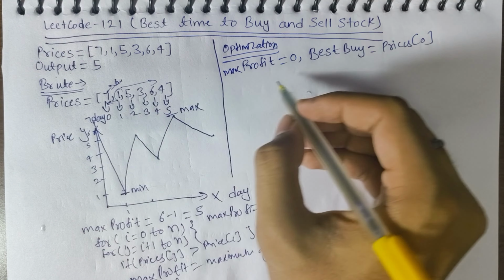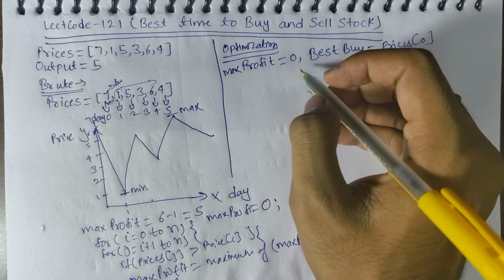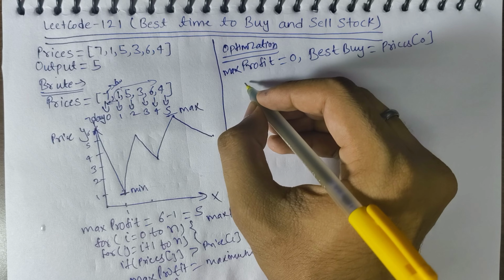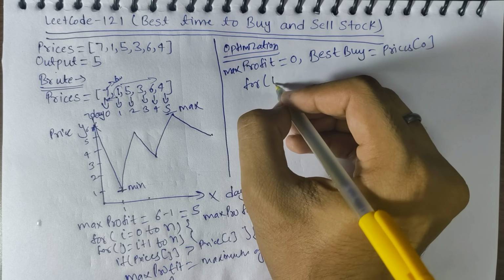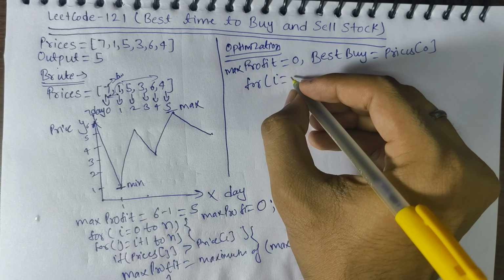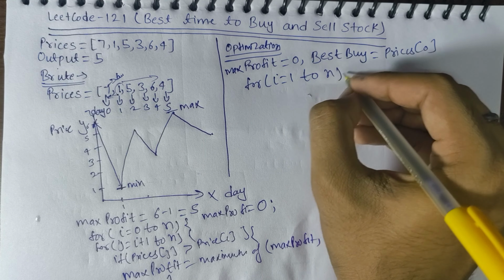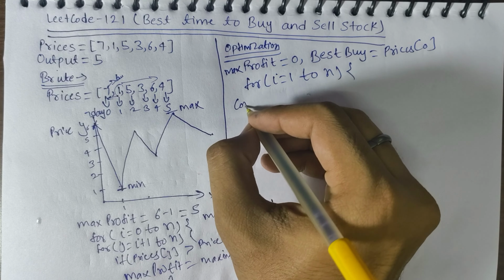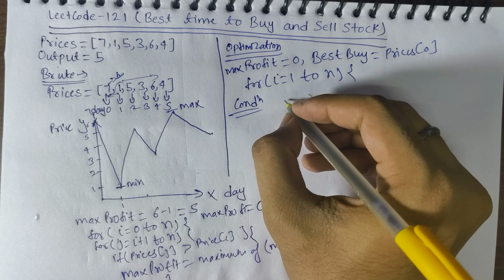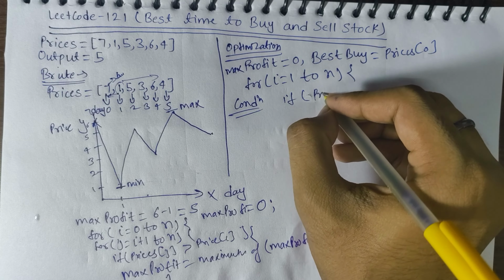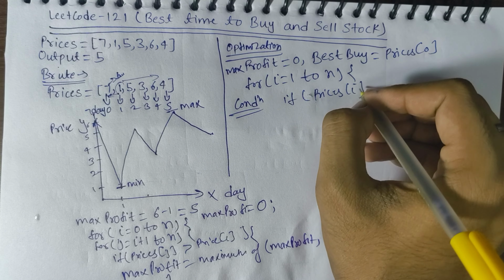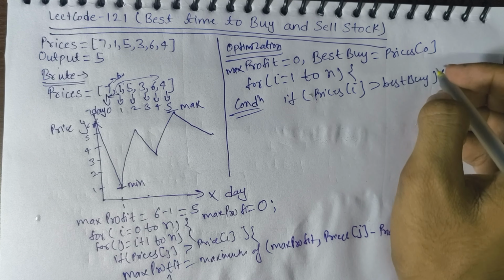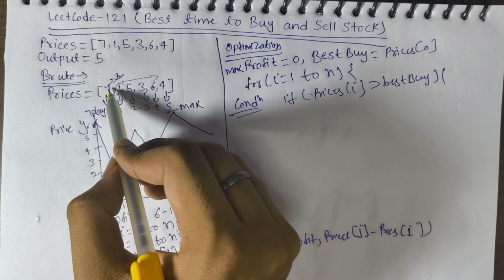Means at index 0 we consider that every later element is our selling price. So we run a loop for i is equal to 1 to n. Okay, and the condition we should apply is if price i is greater than best buy, like initially we consider best buy is 7.